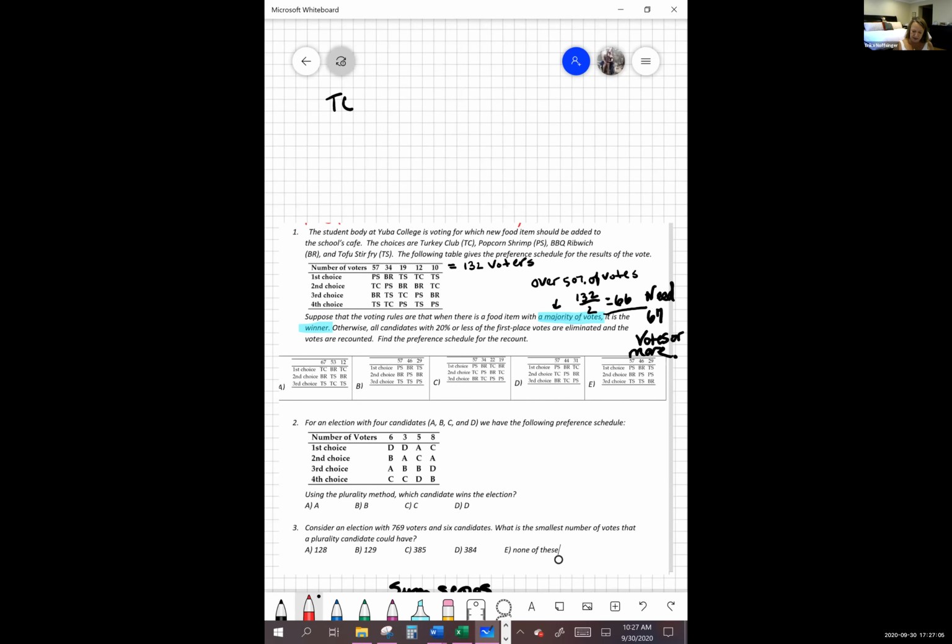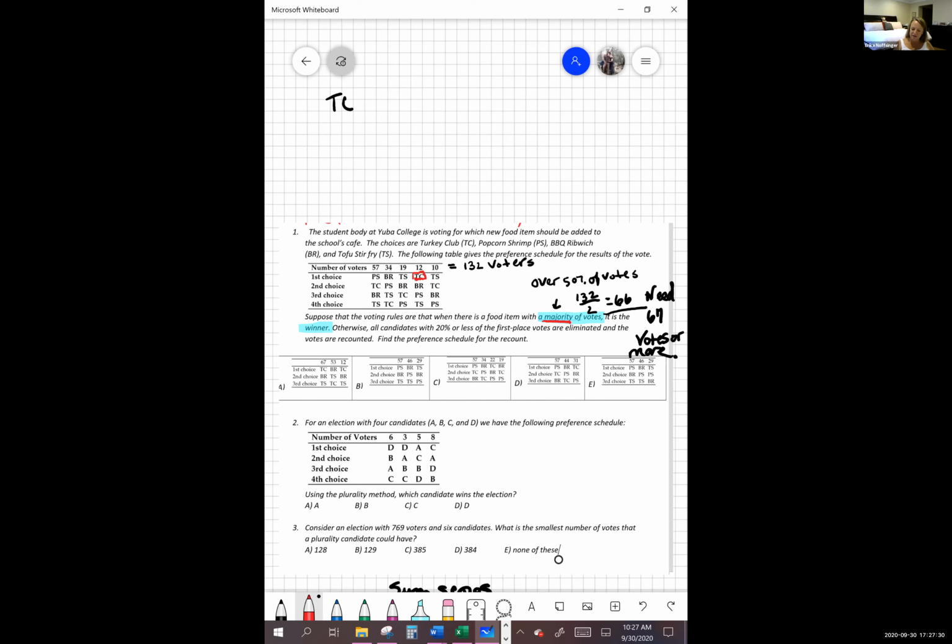Sorry, real quick, why did you divide by 2? Because it told us in order for it to be the winner, the food item had to have a majority. And so it had to be more than 50%. Okay, more than half the votes.